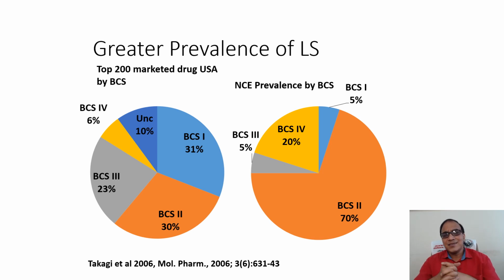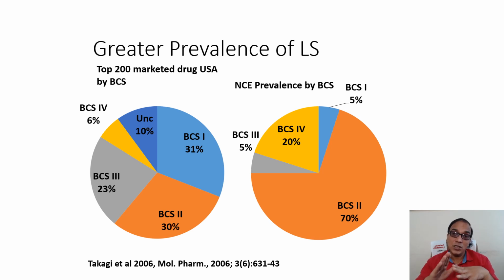This slide shows the top 200 marketed drugs in the USA by BCS. BCS class 1 drugs constitute 31% of the drugs, while BCS class 2 drugs are 30%, BCS class 3 are 23%, and BCS class 4 are 6%. While for the prevalence of new chemical entities, of whatever new chemical entities are coming into the market, BCS class 2 drugs are 70%.